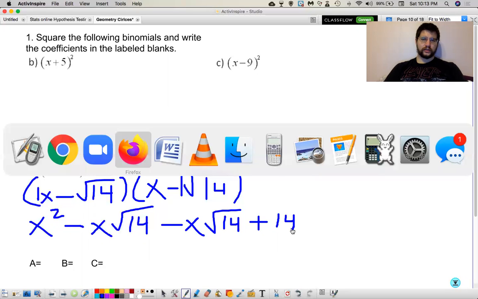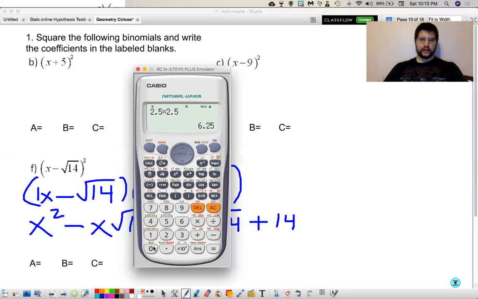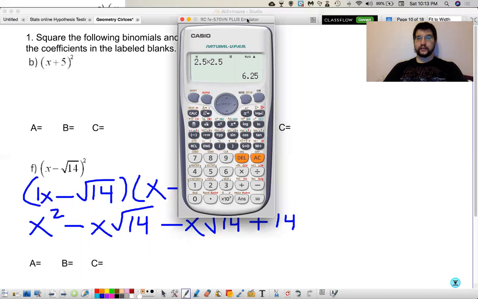And if you don't know, you can use your Casio. This emulator is in the Google Classroom's class folder, by the way, if you don't remember. I put it in there at the beginning. So you can go and download that. It's built for a Windows machine. It's an exe file. Square root of 14 squared. Well, let me write it like this. It won't matter. That works. Or that'll work.